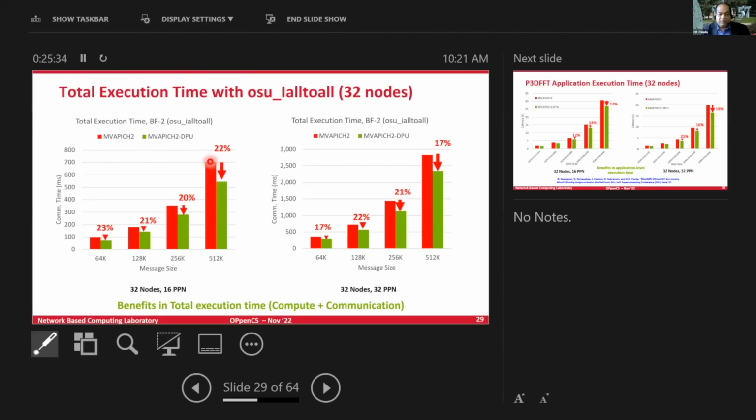Now if you see, these red bars are basic MVAPICH2, which doesn't have offload capability, but this is MVAPICH2-DPU. This is 32 nodes, 16 ppn, 512 processes. This is 1000 processes. We are able to reduce the all-to-all, which is very expensive, by 22%.